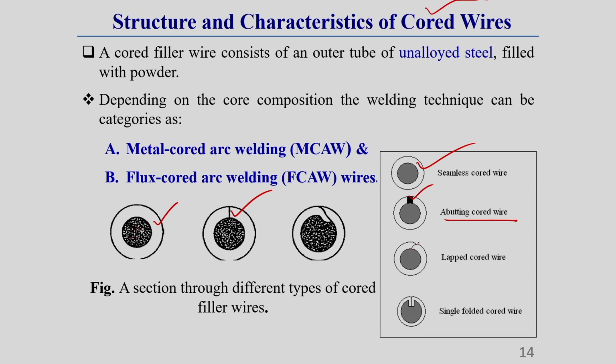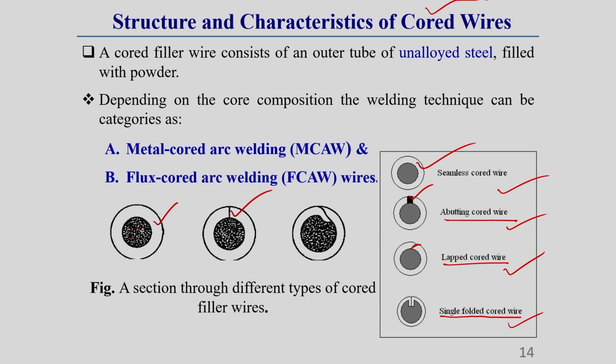There can be an overlapping of this strip, you see, an overlapping type of joining, which is called a lapped core wire. And there can be folding of the edge, which can be single fold or double fold. So, depending upon the number of folds, it can be a single folded core wire or a double folded core wire. So, these are the different types of wire systems used in the flux core arc welding process.